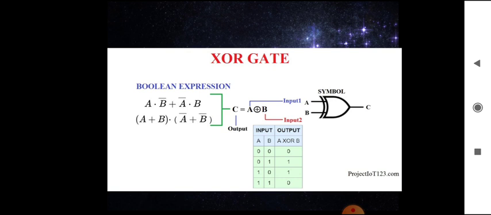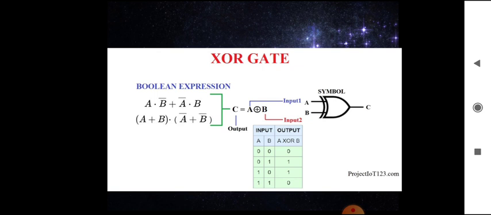The output is A plus circle B, that means A dot B bar plus A bar dot B, and it is also simply written as A plus B dot A bar plus B bar. So this is the output of the XOR gate. Here you see the inputs and output.